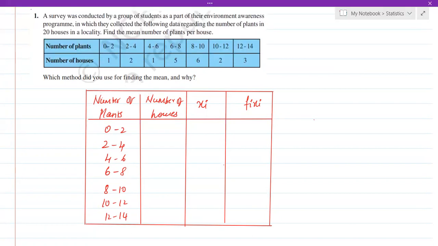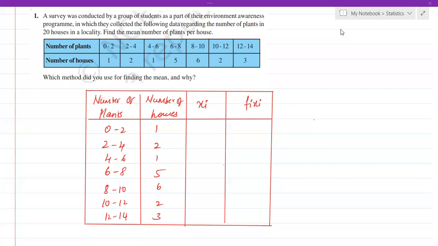Now the number of houses is given as 1, 2, 1, 5, 6, 2, 3. Let's find xi. xi is known as the class mark. How do we find the class mark?